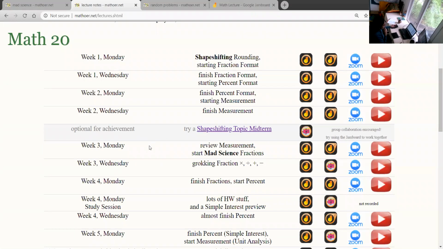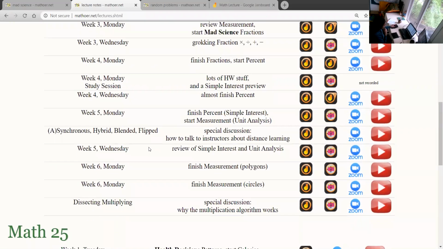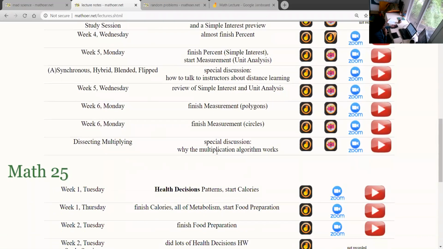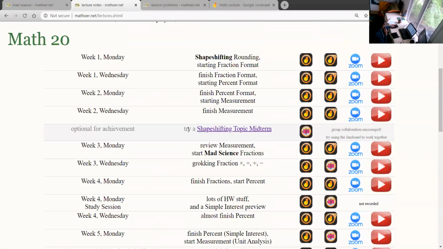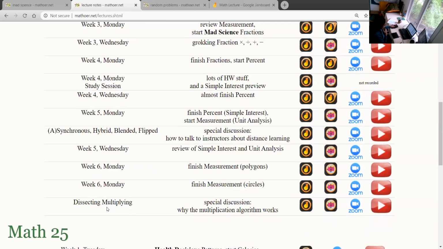So I will do the same thing. After class today, I'm going to make another line down here after our lecture notes that will have a mad science midterm. And if you want the check mark for achievements for doing well on a midterm, and you'd rather do mad science than shapeshifting, then there you go. So look for that after class. Also, if you wanted the why our multiplication algorithm works, that's this line here with the board and the video.